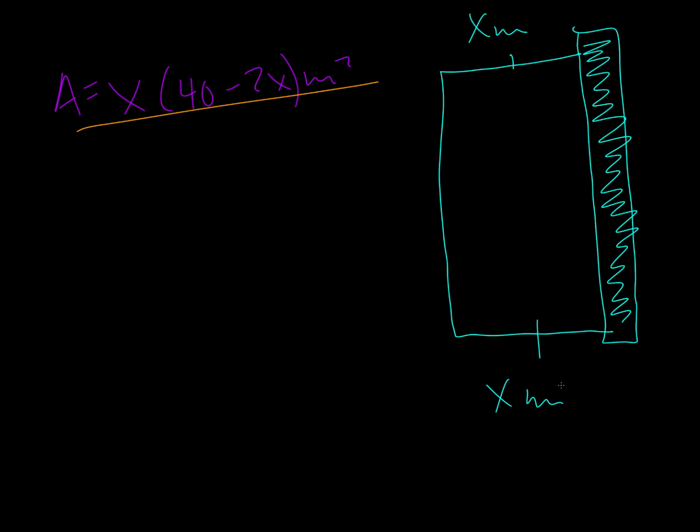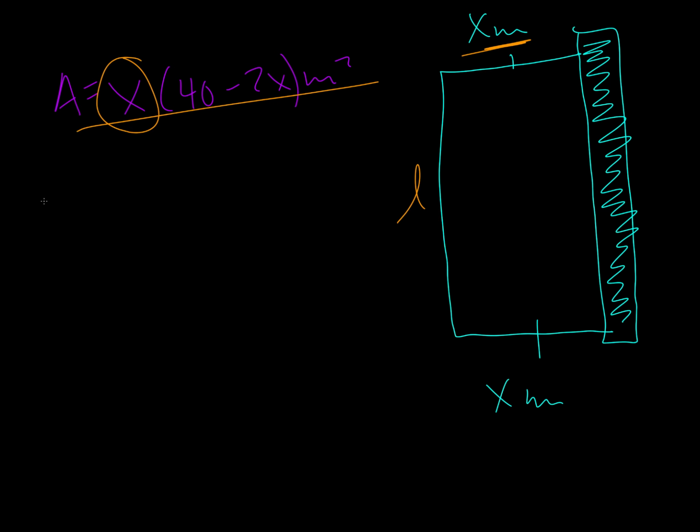Now they give us that this is x, this is x. So when we're thinking of area, it's going to be whatever this length is times x, right? So length times x. Now that's where this x comes in. So it's x times, so this is claiming to be the length.